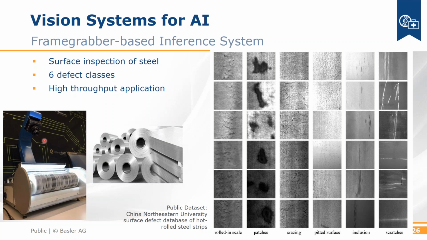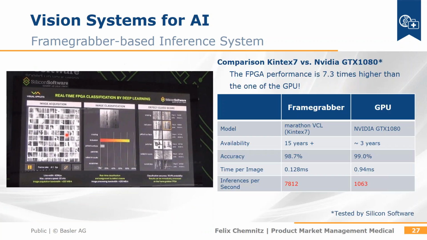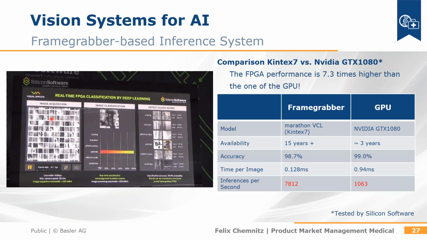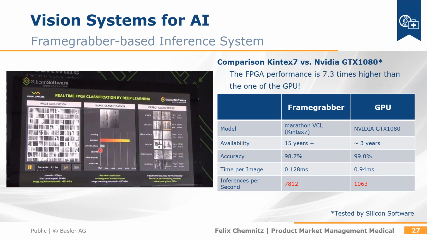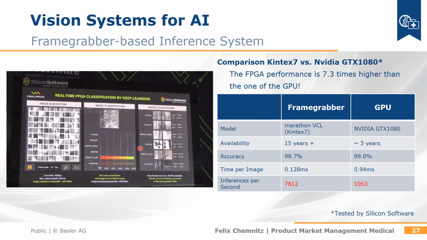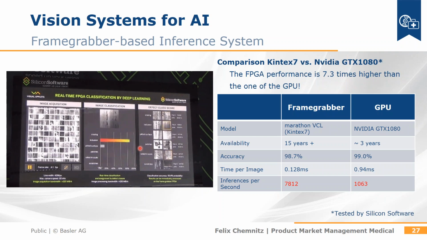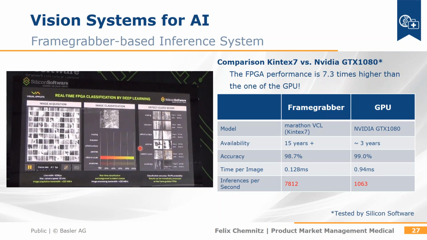And here on the top, you can see the camera, which is connected via Camera Link interface to the frame grabber and takes the images of this roll you can see spinning here in this animation. And this gives you the ability to do this image acquisition, image classification, and the probability or the confidence in which class this image is classified.